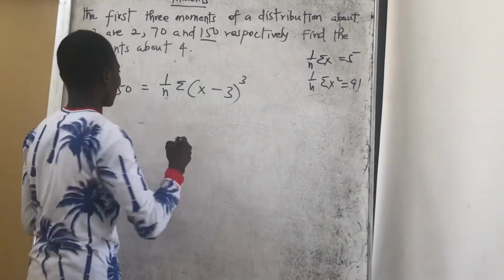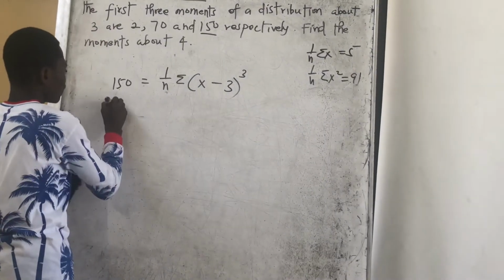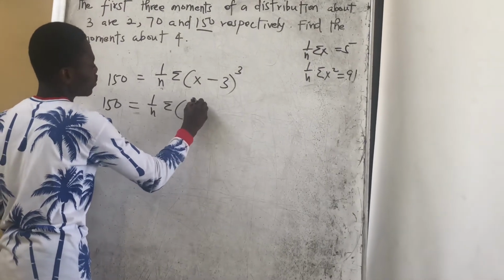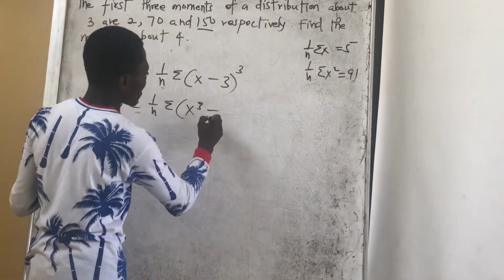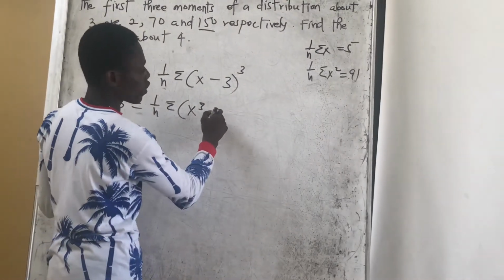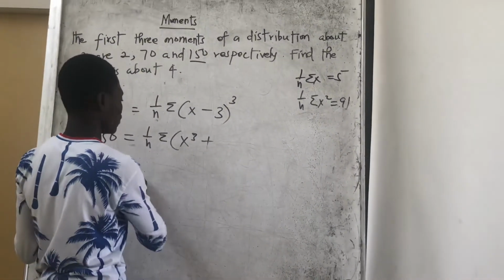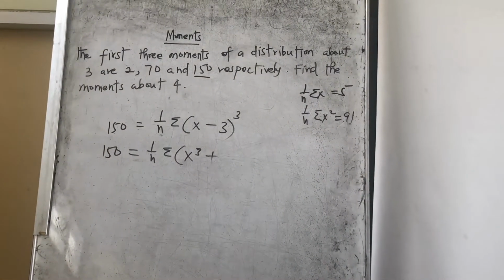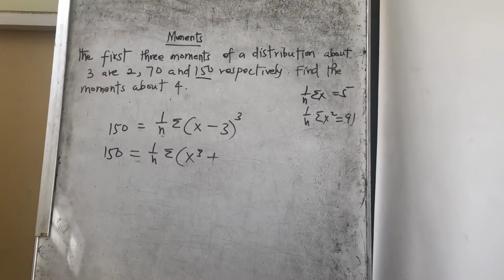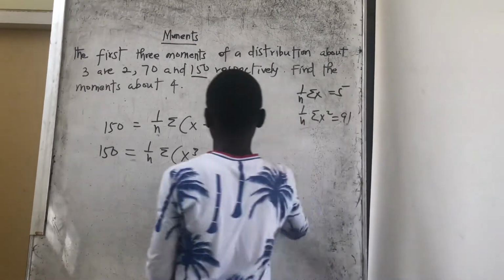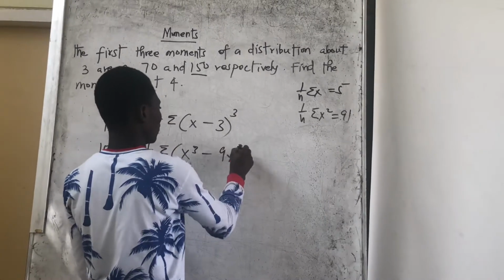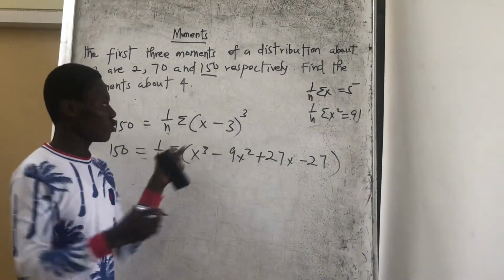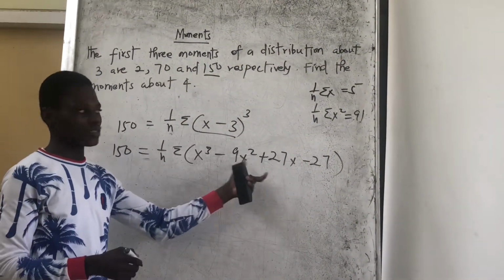So similarly, we open the brackets. 150 is equal to 1 over n sigma, so this thing becomes x cubed, and then plus... So this has been simplified. I simplified this and I had this as the value for this.